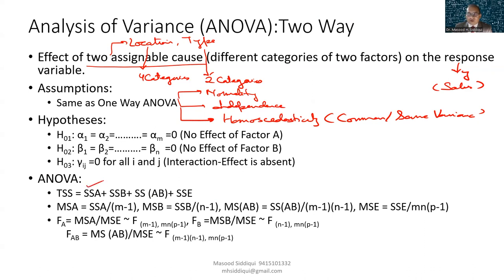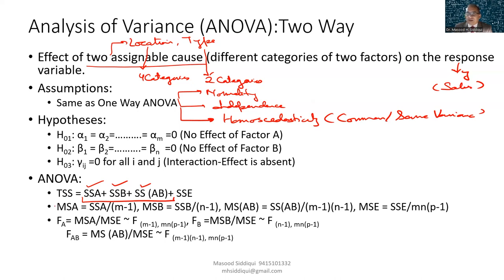One is sum of square due to A, this is sum of square due to B, this is sum of square due to interaction, and that is the error, right? So the explained variation here is constituted of these three parts: one because of one factor, other because of the other factor, the third due to interaction, and that is the residual or error.